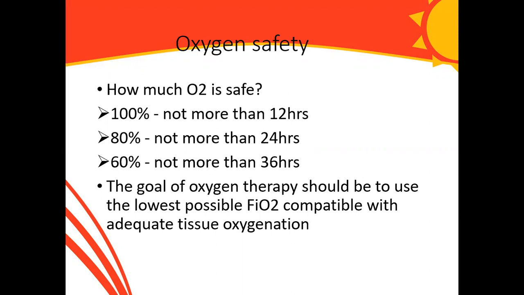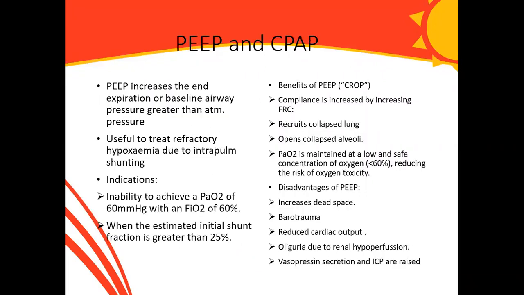Don't give 80% oxygen more than 24 hours. And no patient should have 60% oxygen more than 36 hours at a go. These are the safety limits of oxygen therapy. The goal of oxygen therapy, therefore, should be to use the lowest possible FiO2 compatible with adequate tissue oxygenation that is assessed by your SpO2, like I mentioned earlier on.